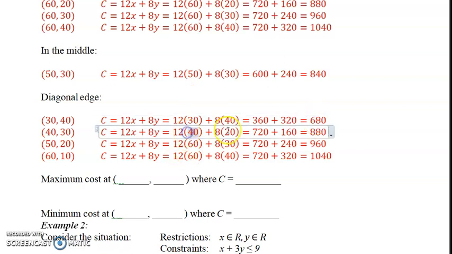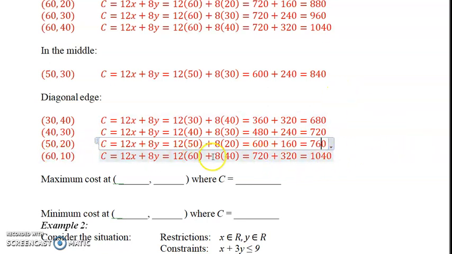Now we'll change this one to 40 and 30. And that would give us 480 plus 240, which would be 720. And then this one will be 50, 20, which would be 600 plus 160, which gives us 760.